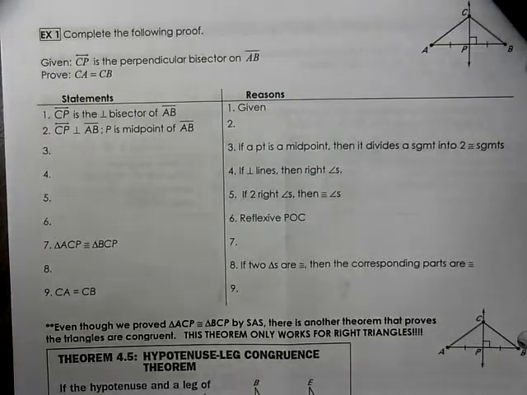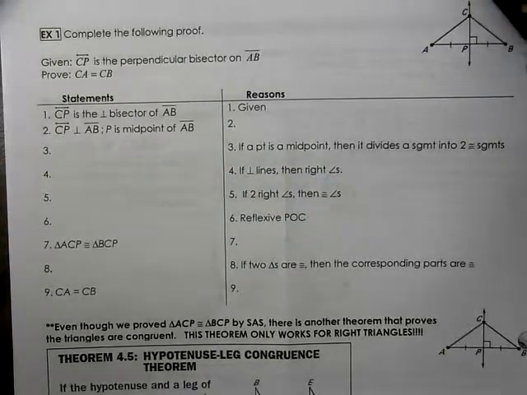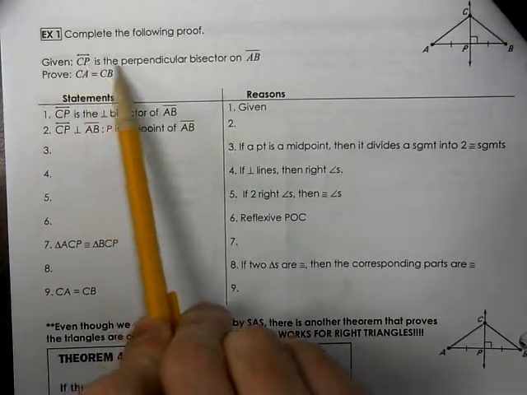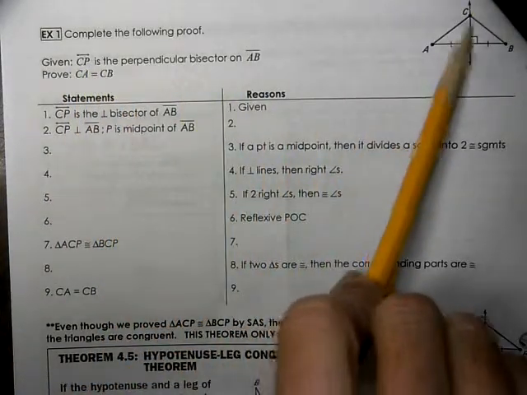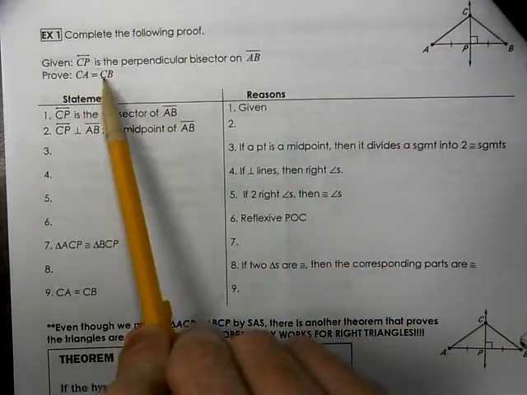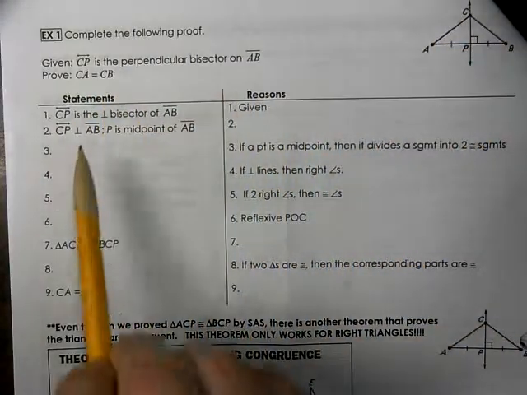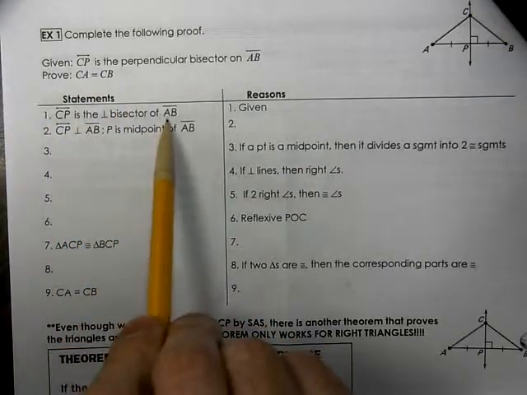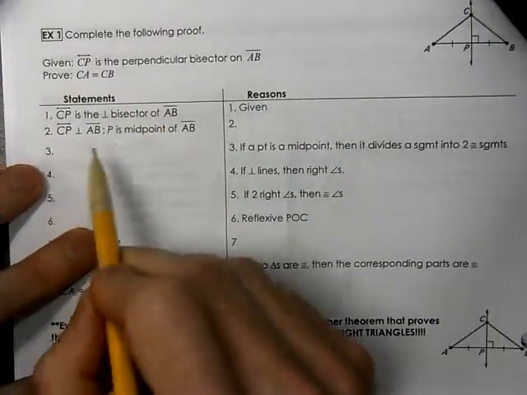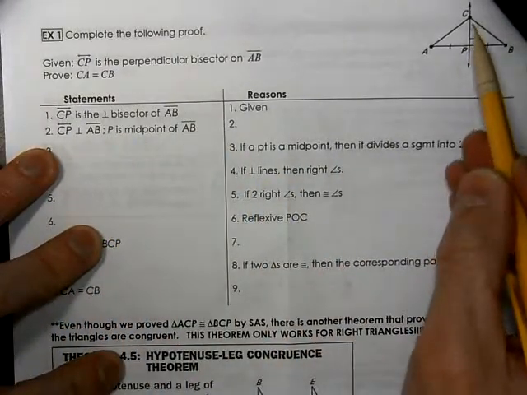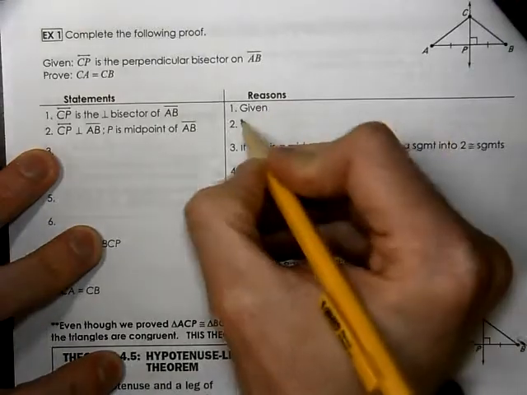On the next page, we're looking at a proof. We know that CP is a perpendicular bisector. What we want to prove is that CA is going to be equal to CB. Our given tells us that it's a perpendicular bisector. We know that P is going to be the midpoint if it's the bisector.